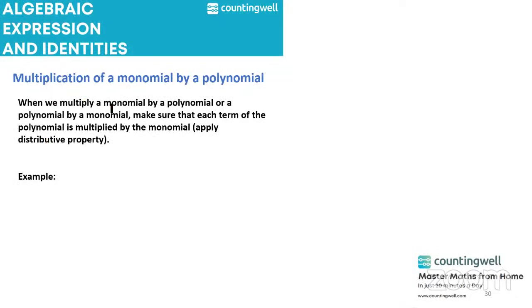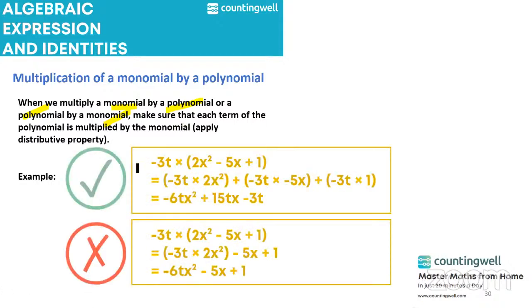While multiplying a monomial by a polynomial or a polynomial by a monomial, make sure each term of the polynomial is multiplied by the monomial, and apply the distributive property. For example, here you can see minus 3t is multiplied to each and every term of the bracket.